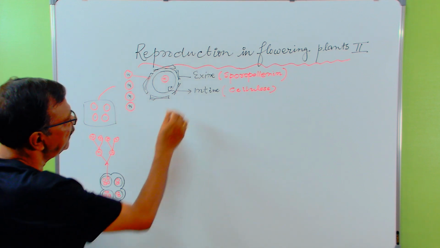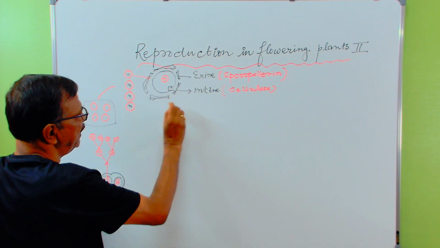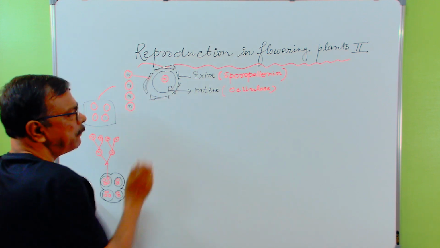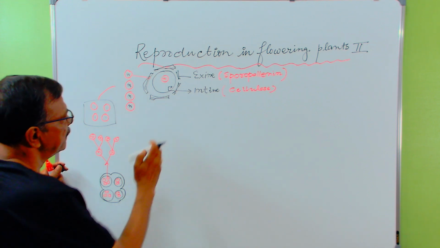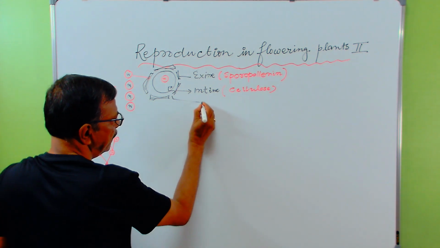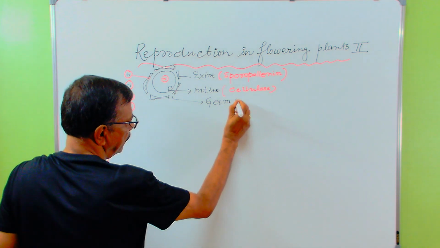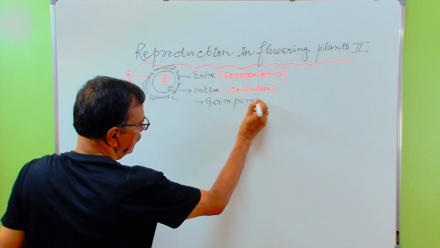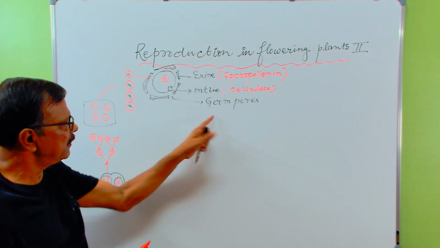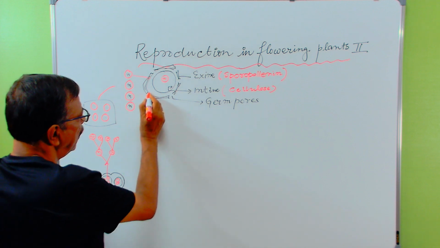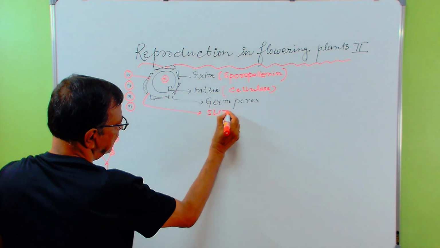Now, on the outside, there are so many pores. These pores are known as germ pores, or they can be called slits, S-L-I-T-S.